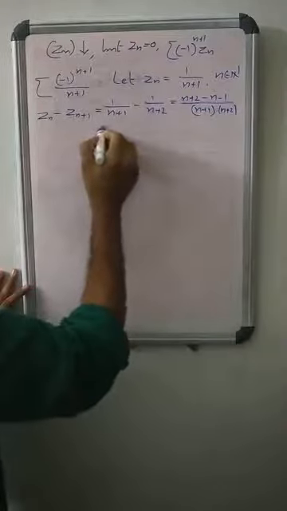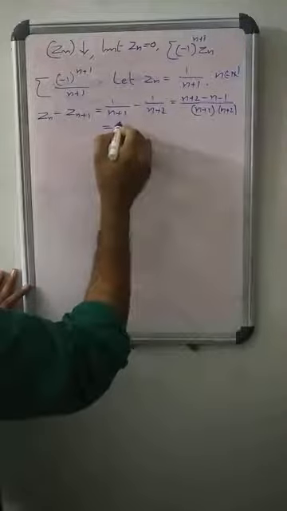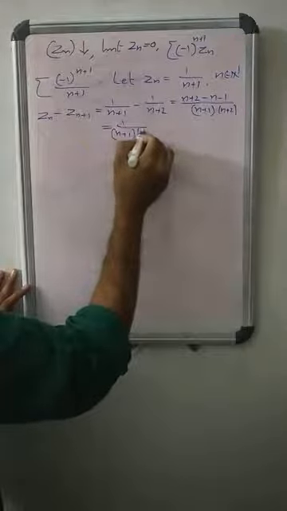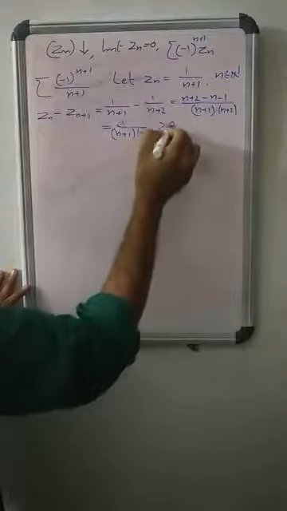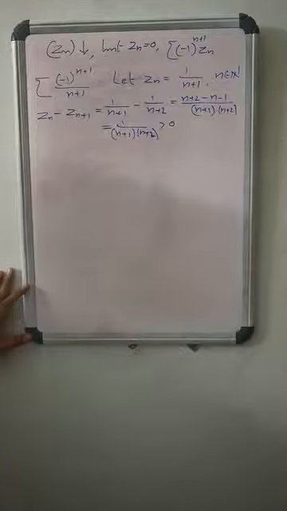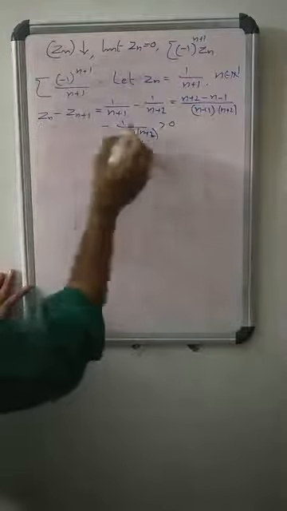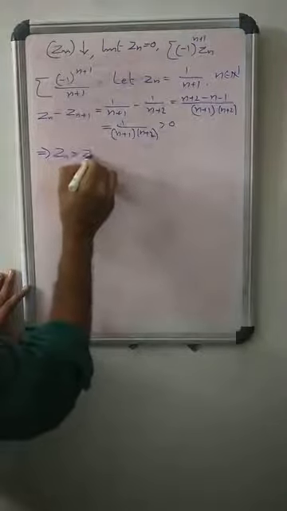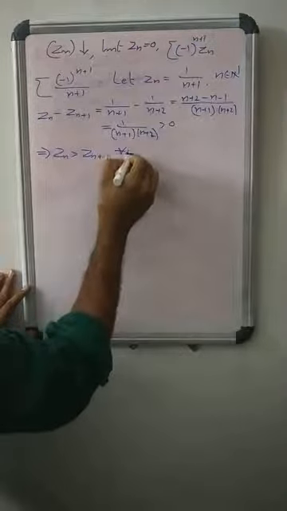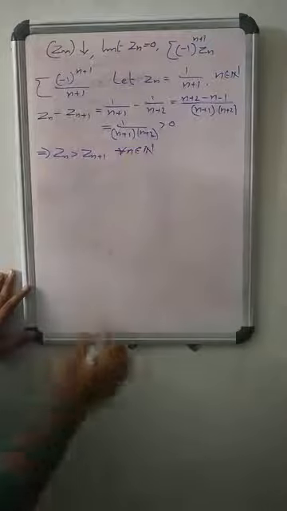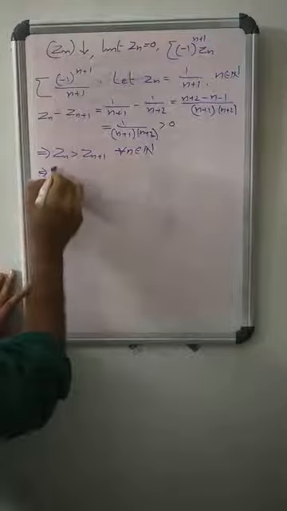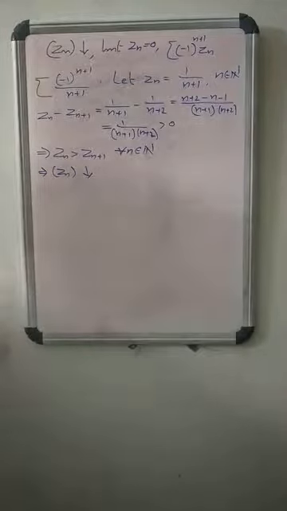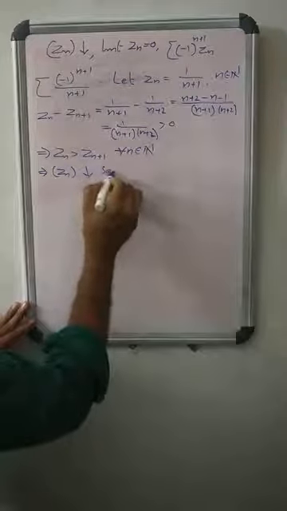So n and minus n cancel each other, and it is 1 by (n plus 1)(n plus 2), which is a positive quantity. That means Zn minus Zn plus 1 is strictly positive, so Zn is strictly greater than Zn plus 1 for all n. So the sequence Zn is a decreasing sequence.